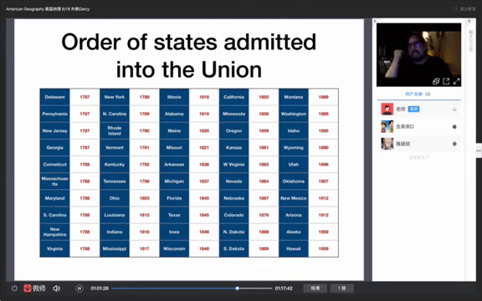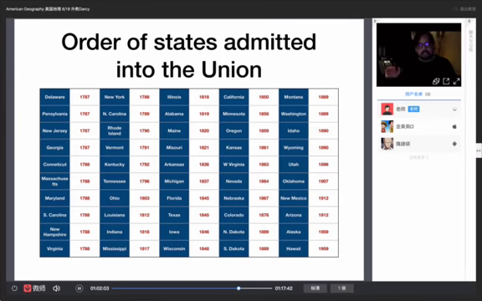Perhaps in future lessons we'll look at these cities in some detail. This slide shows what we call the integration of states in chronology. So the first 13 states were Delaware, Pennsylvania, New Jersey, Georgia, Connecticut, Massachusetts, Maryland, South Carolina, New Hampshire, Virginia, New York, North Carolina, and Rhode Island.